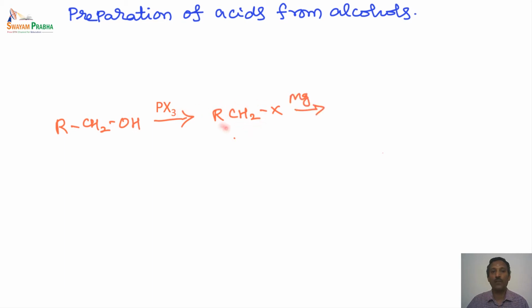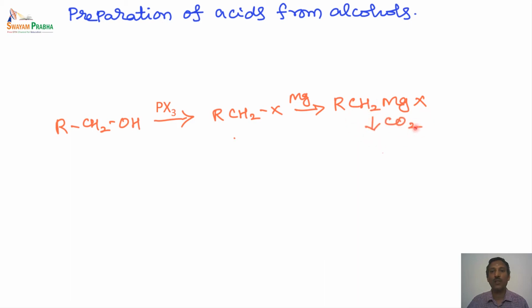So once we have the alkyl halide, we can treat that with magnesium to make the corresponding Grignard reagent. So this reaction also we had seen in the case of alkyl halides. So treatment of magnesium with alkyl halide in the presence of dry ether produces the corresponding alkyl magnesium halide.